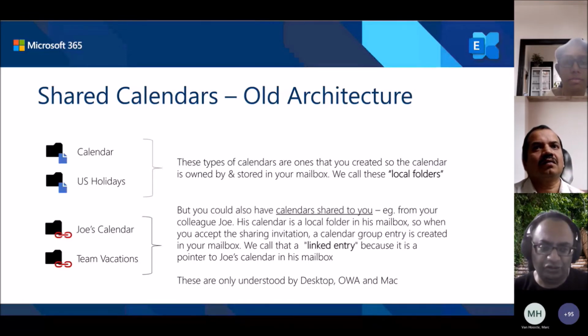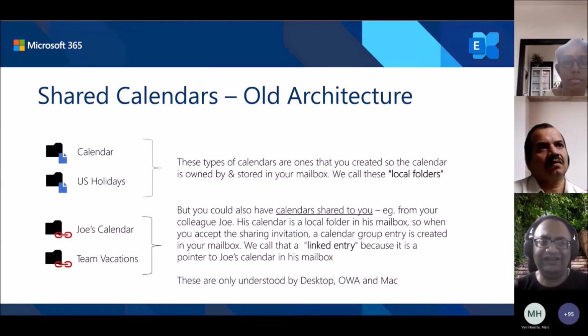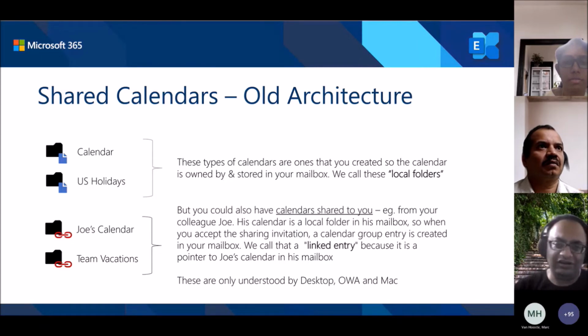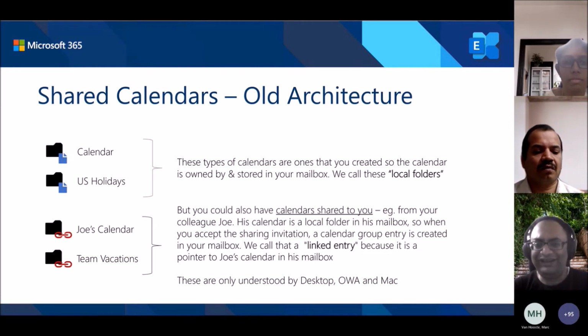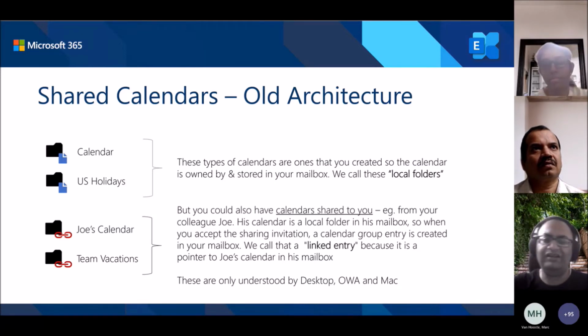In this case, let's say Joe's calendar or a team's vacation calendar, which is the shared calendar. These are actually stored as linked entries, what we call linked entries, because this is really more of a pointer to Joe's calendar or a team's vacation calendar stored elsewhere. So it behooves the client, whenever you want to access something on Joe's calendar, to go figure out where Joe's calendar is, which mailbox, go retrieve that and come back.